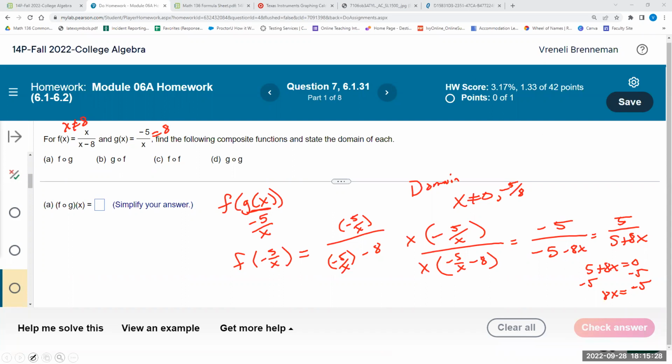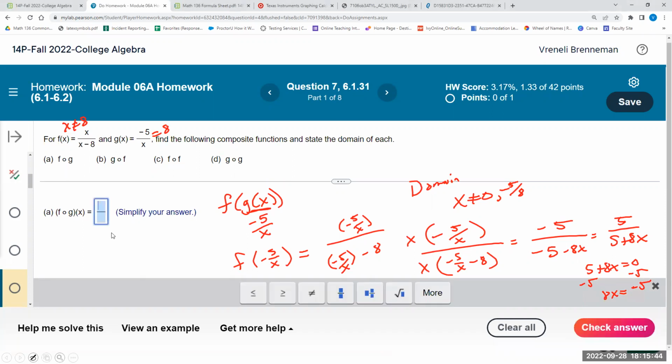But it's easier, I think, to just throw out anything that would make the first function, the inside function, have a denominator of 0, but then also throw out anything that would have to be excluded from the domain of the final result.